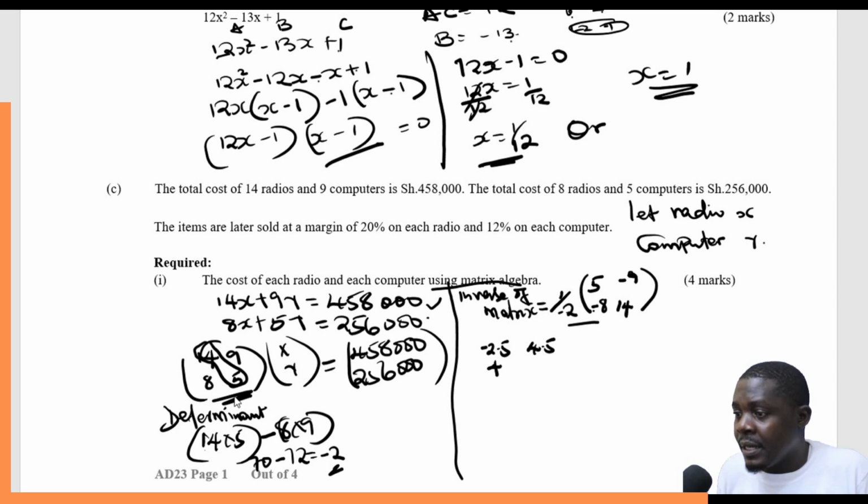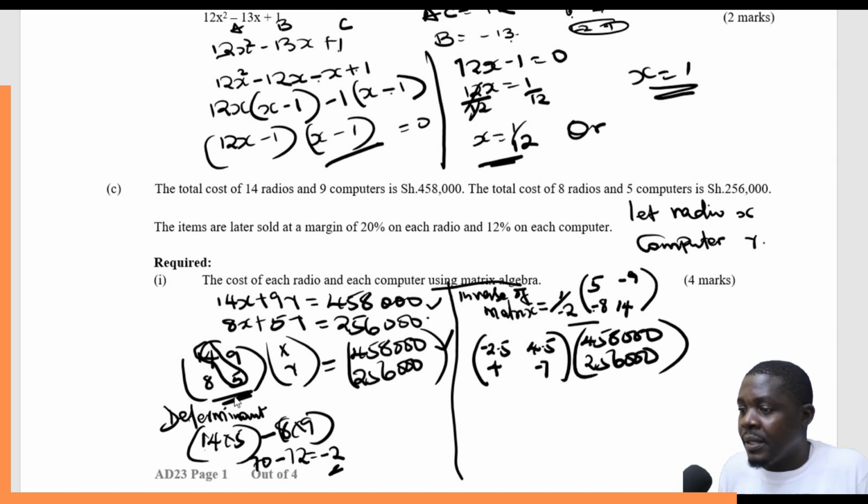And then negative 2 divided by that, you should be getting negative 7. Now this one, I multiply by this particular product, 458,000 and 256,000. Whatever we get here will be the values for x and y respectively.